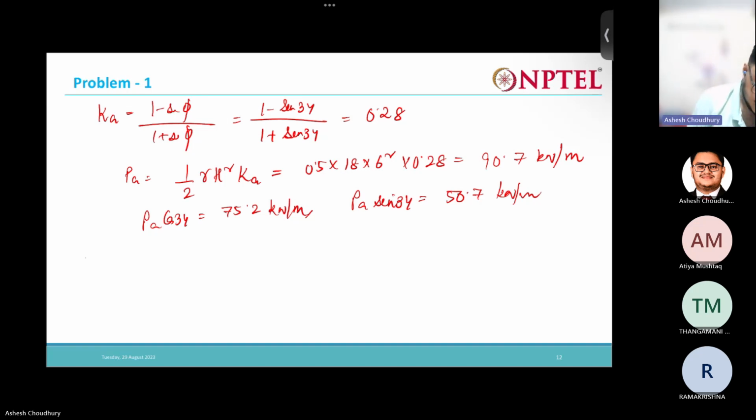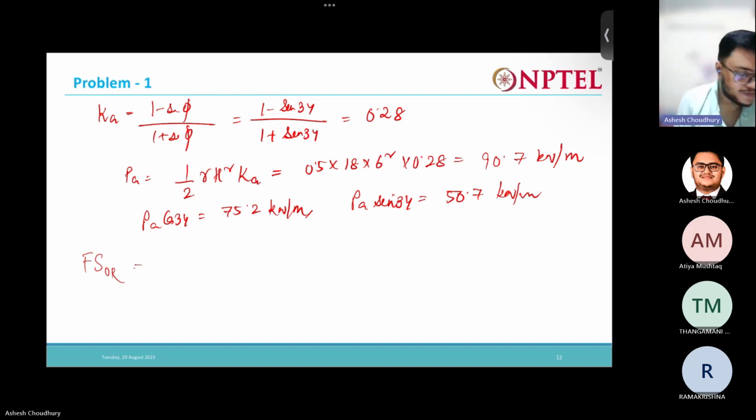Right now, what is, first of all, the factor of safety in overturning? It is nothing but the resisting moment divided by the driving moment. So what will be the resisting moment? The moment generated by the weight is what will be resisting the overturning.